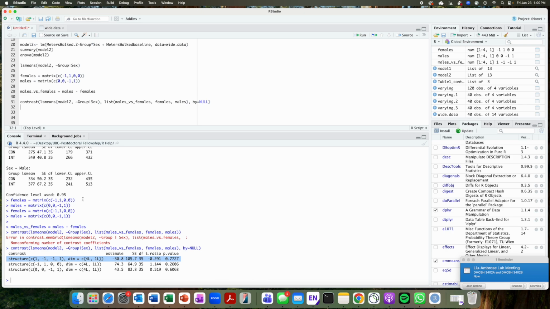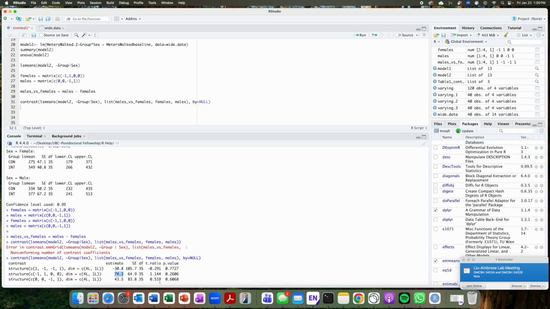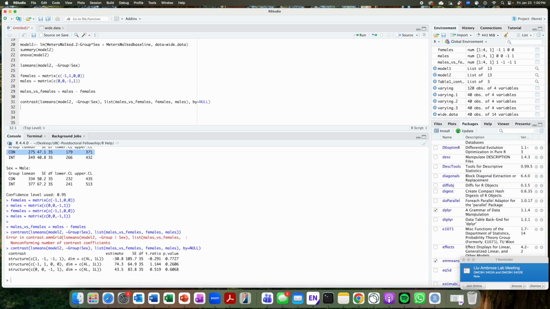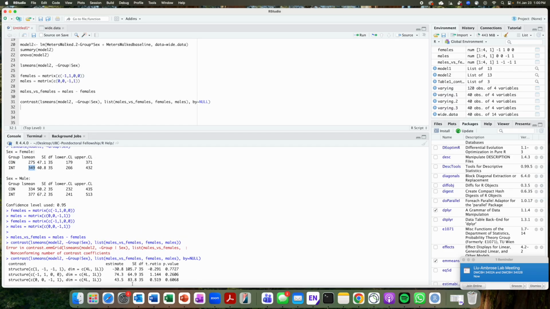And so if we were to plot this out, we could see that this in fact makes sense. So first, as we noted before, for females, there was roughly about a 75 meter difference between the intervention group and the control. And for males, it was a 43. So 377 minus 334 is about 43.